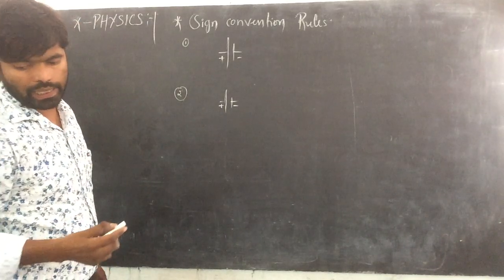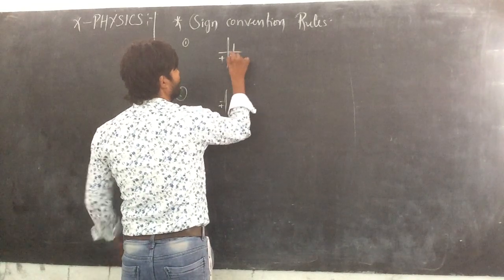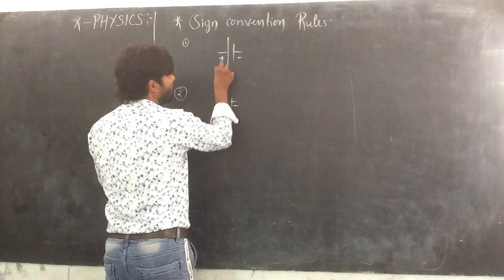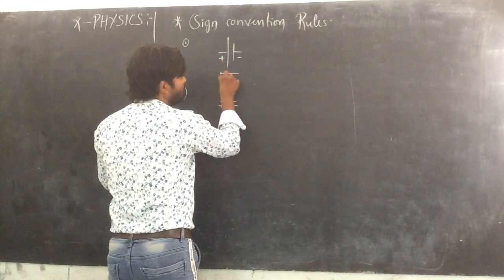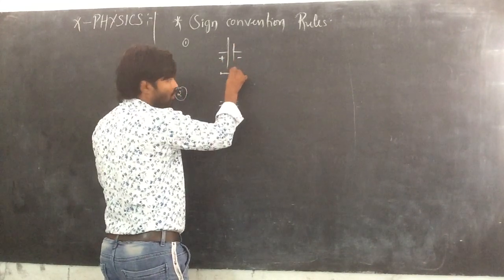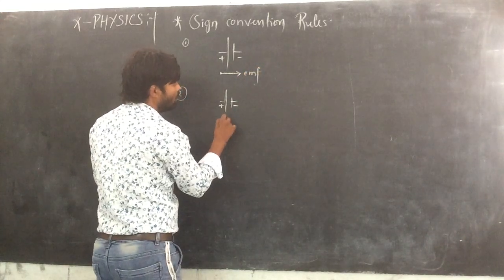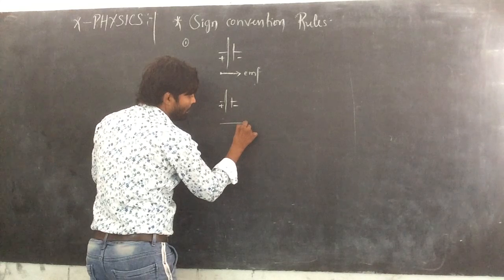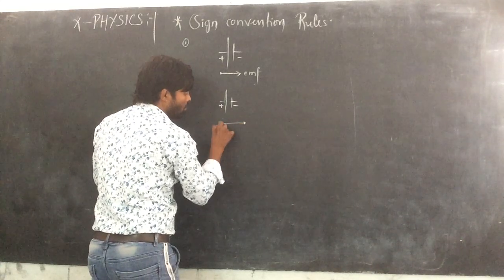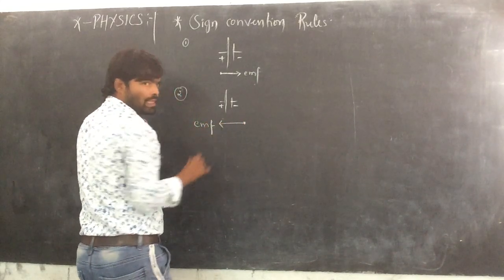Now, EMF, electromotive force. In one case it is moving from the positive terminal to the negative terminal. Here, it is moving from the negative terminal to the positive terminal. This is EMF and this is EMF.